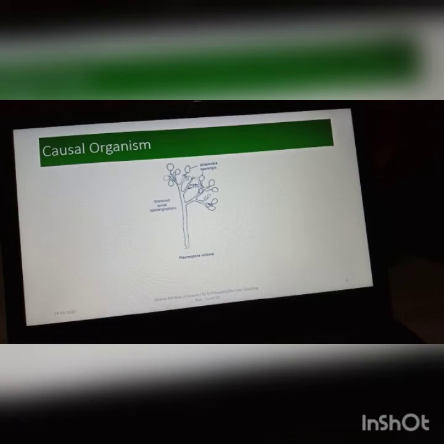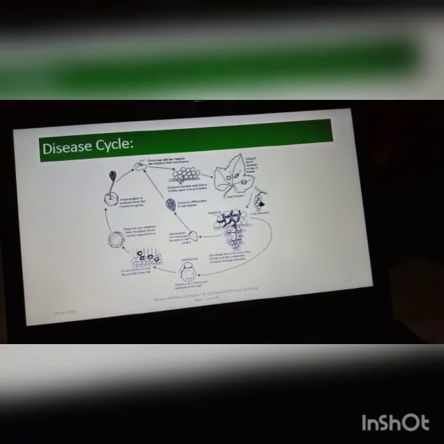So now we will learn about the disease cycle. Here we are observing the antheridium, that is the male gametangium, and the oogonium, that is the female gametangium. They will form the oospores, and the oospores serve as the means of survival of the fungus.